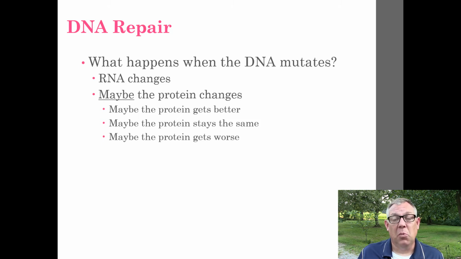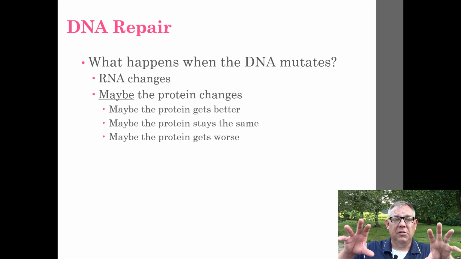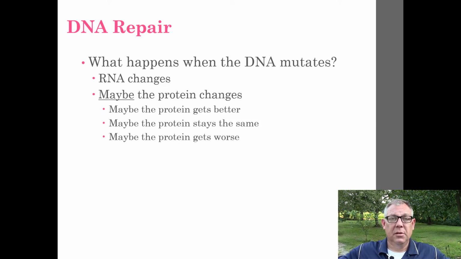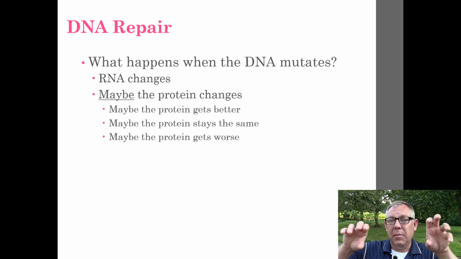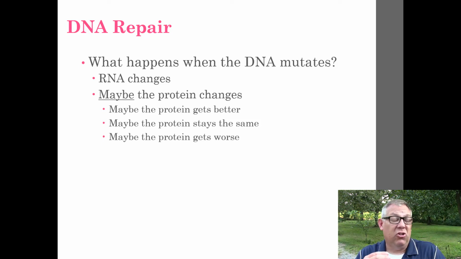Maybe the protein gets worse, and that's probably the most common thing. These proteins are a string of amino acids, and remember that the string of amino acids determines the three-dimensional shape of the protein, and the shape of the protein is really important to its function. So if you change an amino acid, it's very likely you're going to change the shape, and that's likely to have a negative effect on the protein.